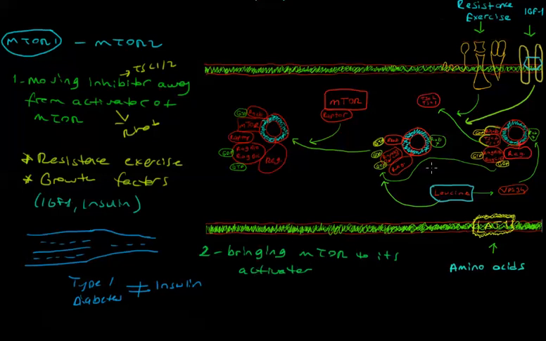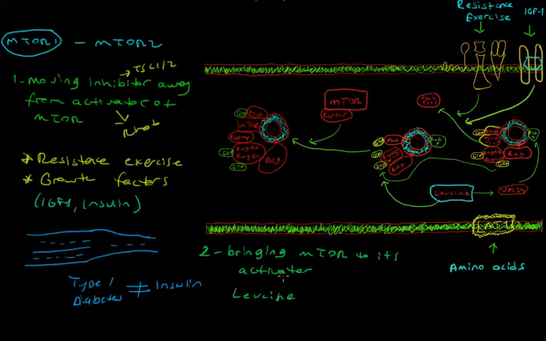Again, the activator of mTOR was Rheb, right? So this specific pathway relies on amino acids, specifically leucine, which is one of the examples of branched chain amino acids.